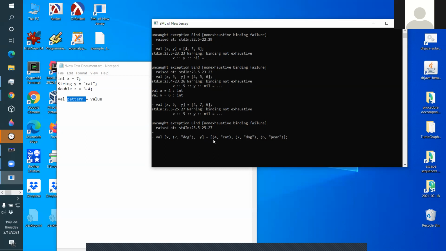So on the right, I should have a list of 3 things. The middle thing in this list is 7 dog. That matches 7 dog. So that means this X matches that whole first thing.